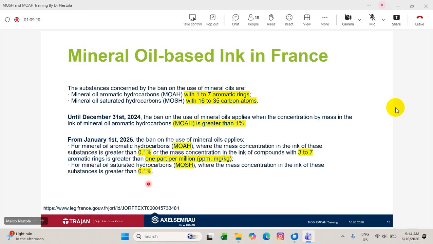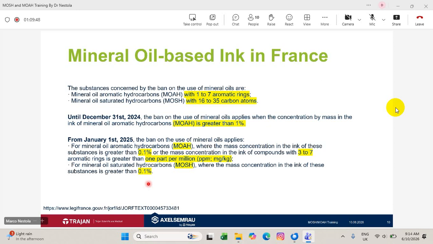So ink needs to be based on vegetable oil. This is basically the most important statement in this legislation. France only allows vegetable oil based, or whatever you are using as a carrier material, but basically all vegetable oil based for ink. So mineral oil ink is not allowed anymore.